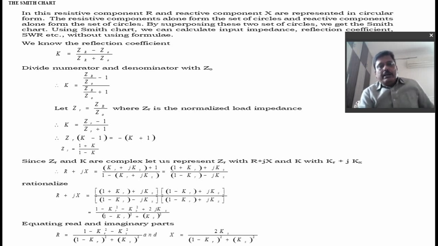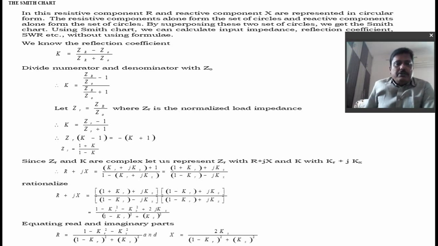Since zr and K are complex, let us represent zr as r plus jx and K as kr plus jkx. Therefore, r plus jx equals (1 plus kr plus jkx) divided by (1 minus kr minus jkx).